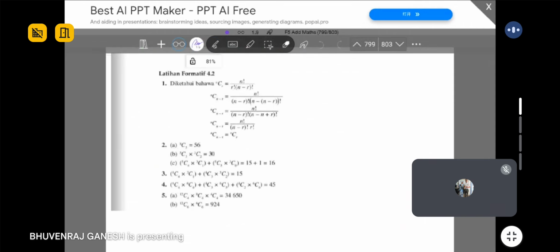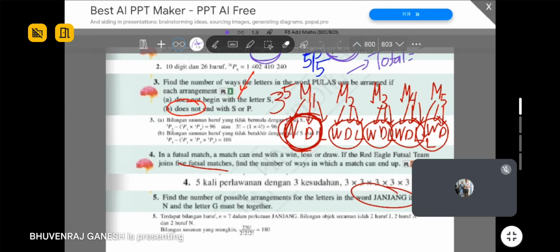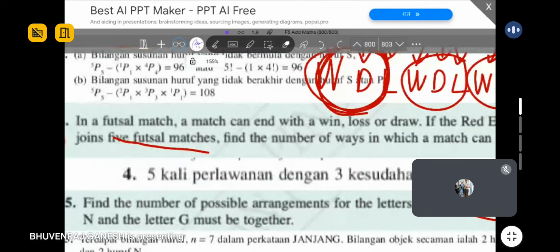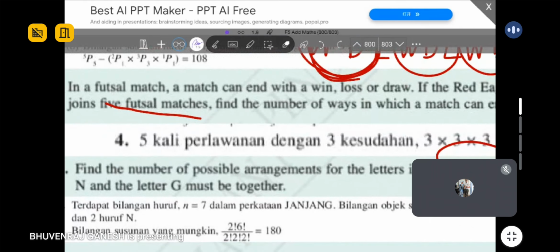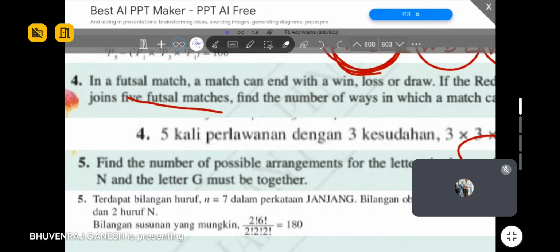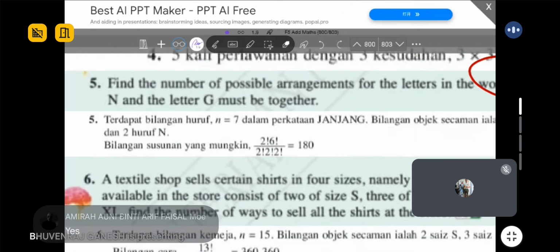You should get the final answer, 180. Clear with question 5 guys? Boleh faham? Can you all respond a bit if clear? Clear? So we move on to the next question.